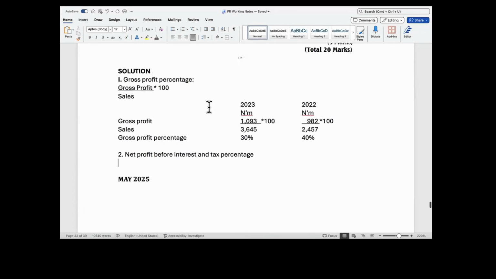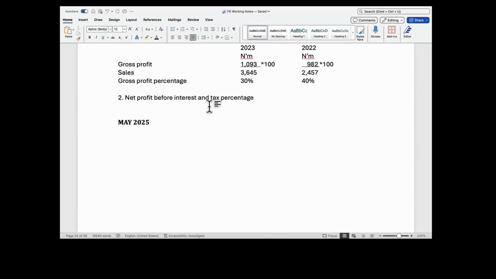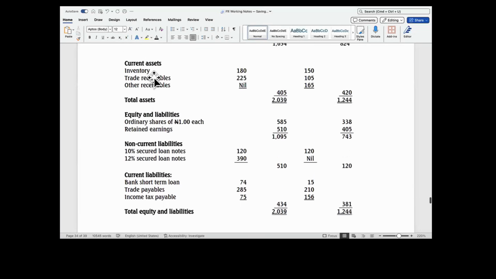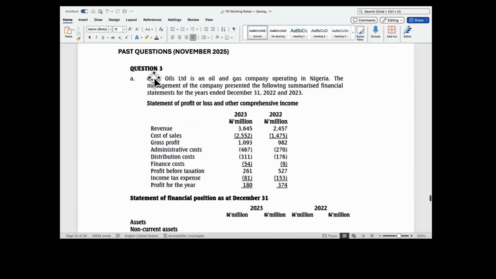That's my PBIT all upon sales. So for the 2 years, what's my PBIT in 2023 and 2022? What's my PBIT from here?